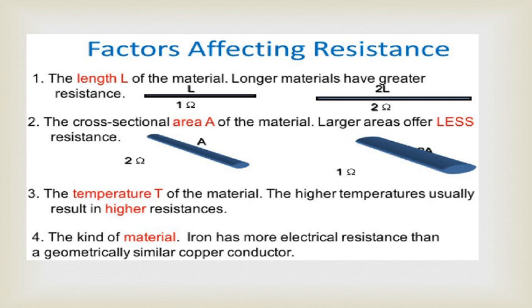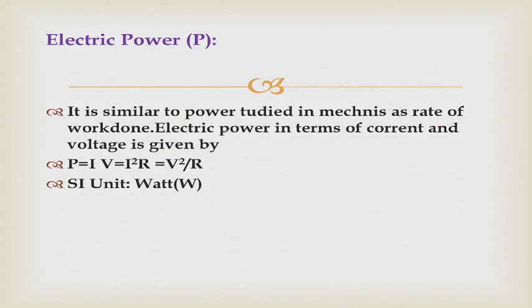Basically length and area come into the same category as dimension. Therefore, three factors are dimension, temperature, and material of the conductor.